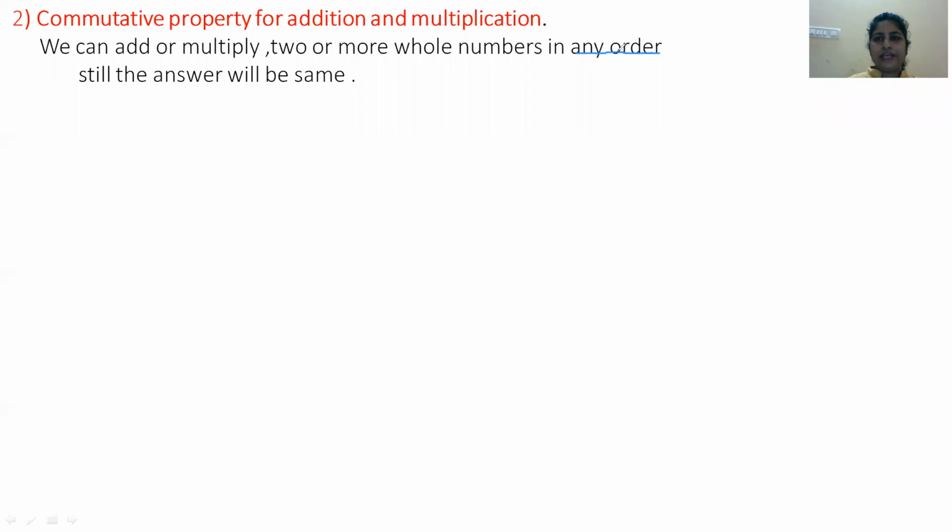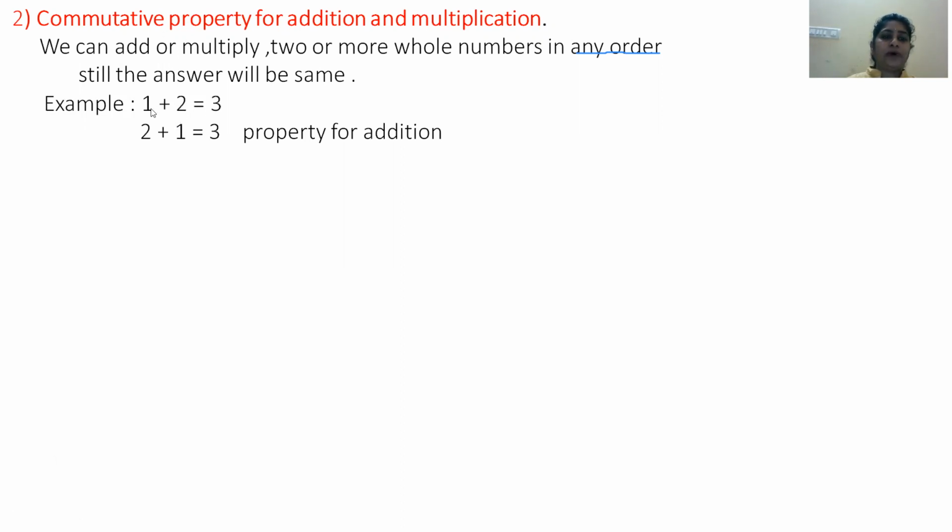This word is important here. Whenever we change the order, still the answer will be the same. If we see the example, we will understand. 1 plus 2 is equal to 3. Let me change the order now. We should not change the values. Just the order I am changing here.